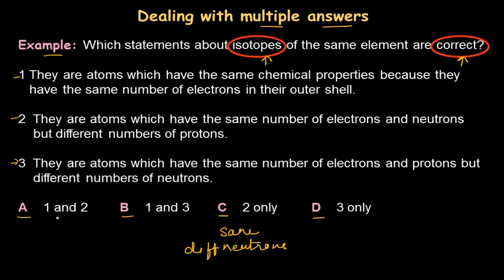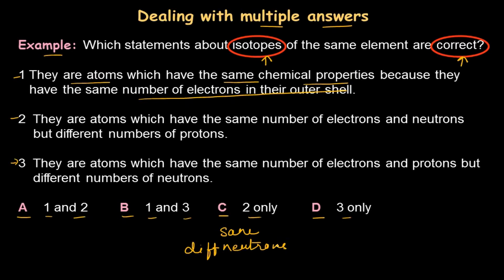Now this may have multiple correct answers, because the options are 1 and 2, 1 and 3, only 2, and only 3. First let's read statements 1, 2 and 3. Statement 1 says they are atoms which have the same chemical properties because they have the same number of electrons in their outer shell.